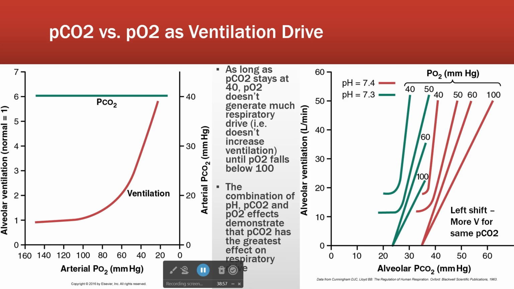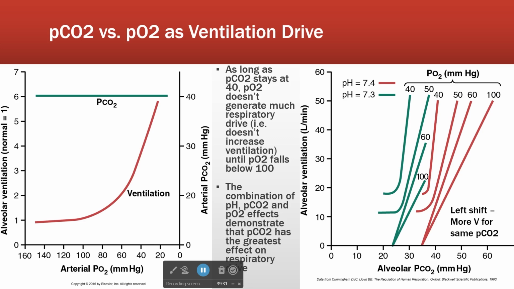This does match what you already know, okay? The body doesn't like a pH of 7.3, right? That is too low. It's intrinsically going to want to breathe faster to raise that pH, right? So the pH all by itself is going to tend to have an increase of alveolar ventilation for a given PCO2.